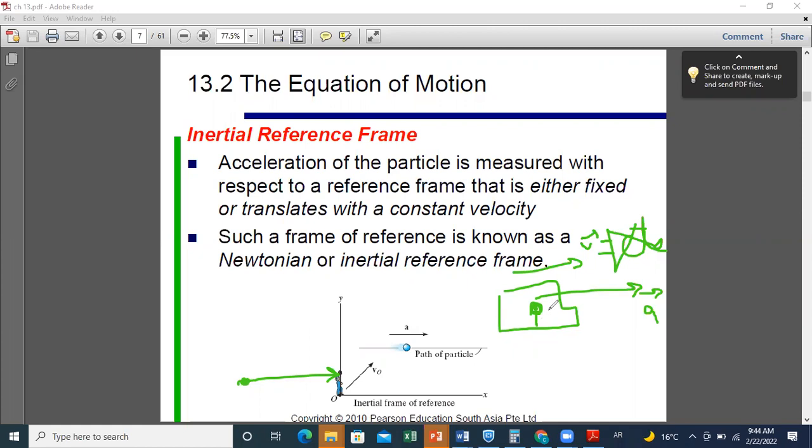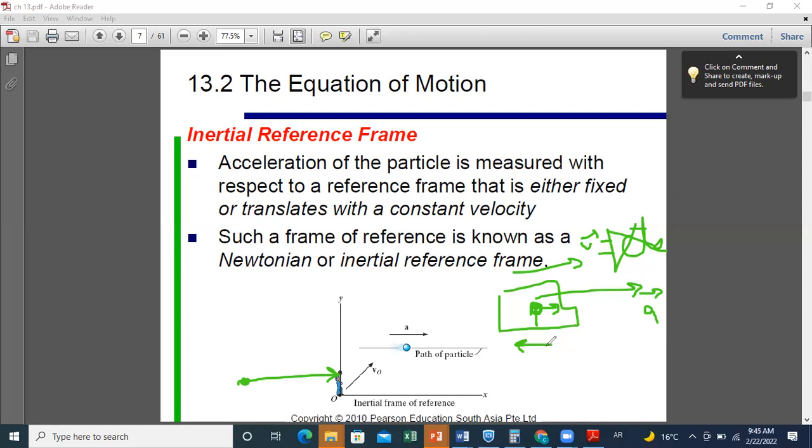When you put the brakes on, your body will tend to move in this direction. Why? Because it will experience a force called inertia force that is opposing the deceleration of your car. So whenever you put the brakes on, you have a that is towards the left. So you have a deceleration effect.